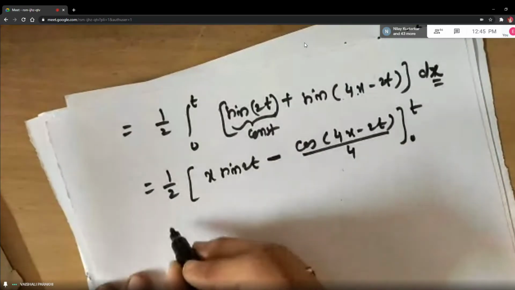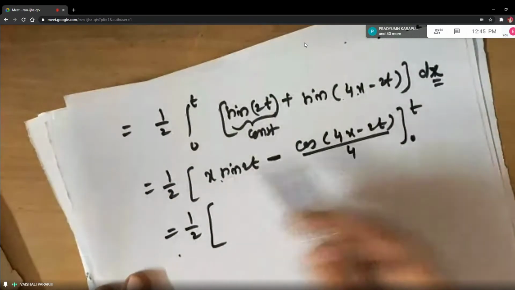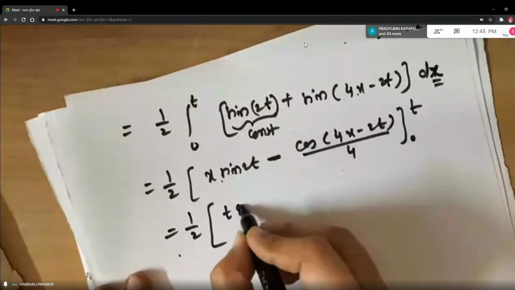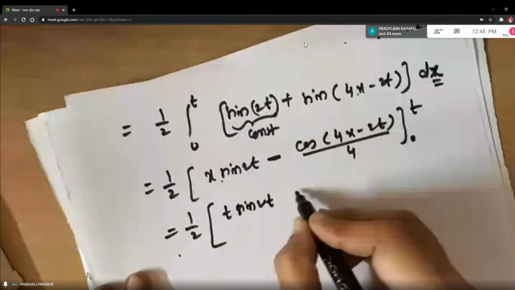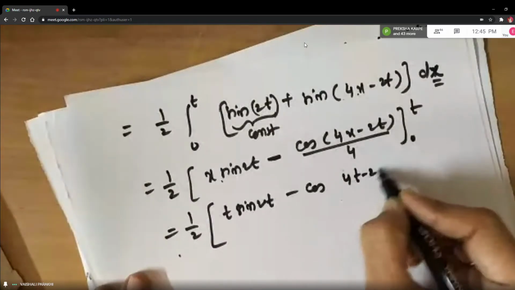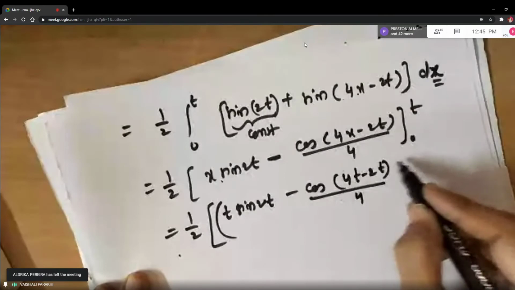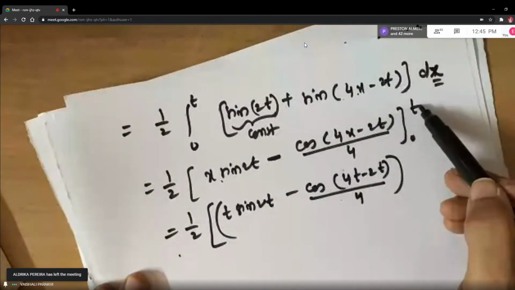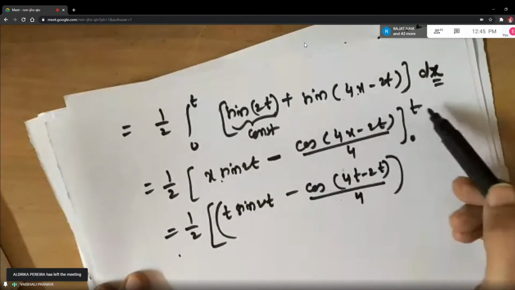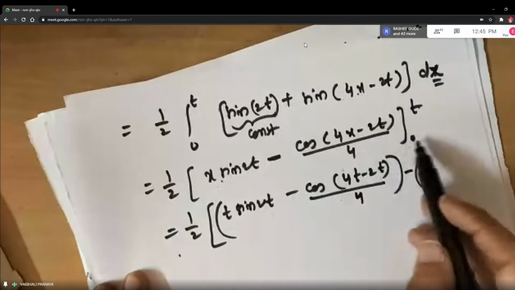Okay. And now, as usual, replace x by the upper limit first. Cos of 4t minus 2t divided by 4. So wherever there is x, I have replaced it by t. That is the upper limit. Minus, wherever there is x, I have to replace it by 0.